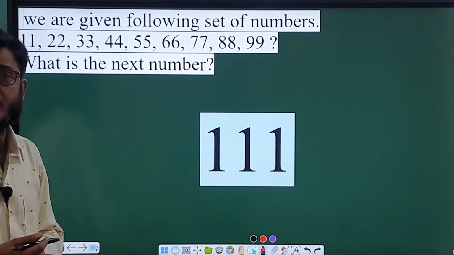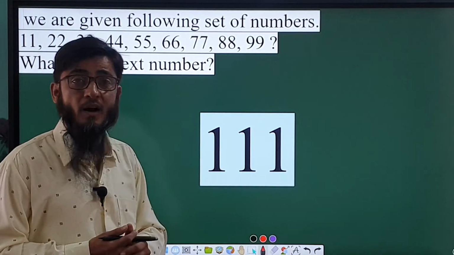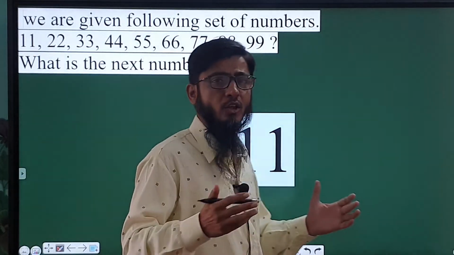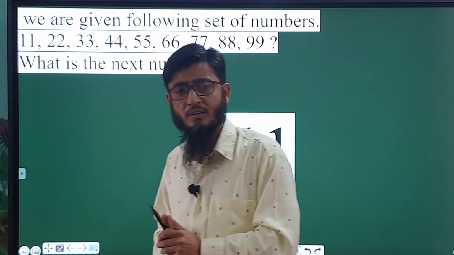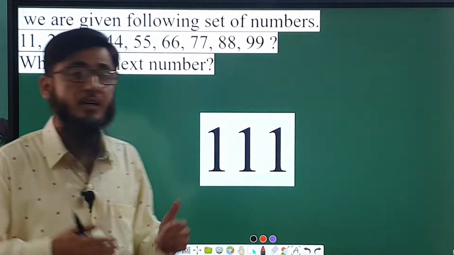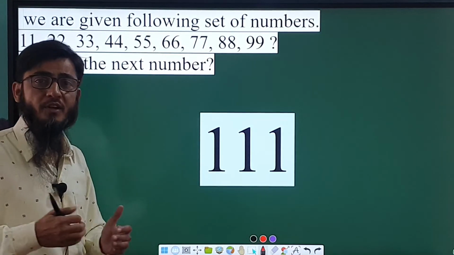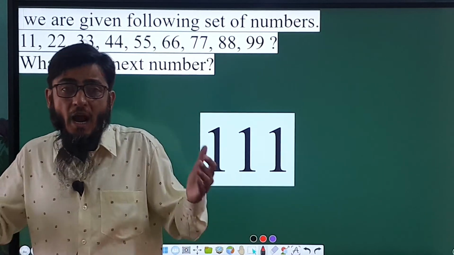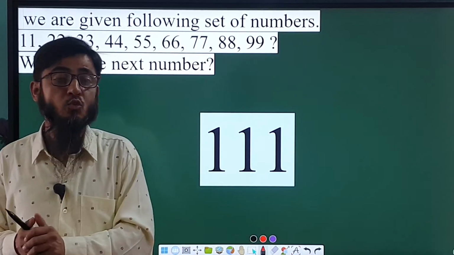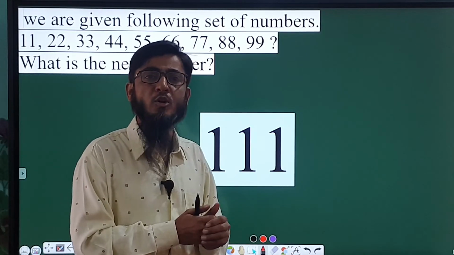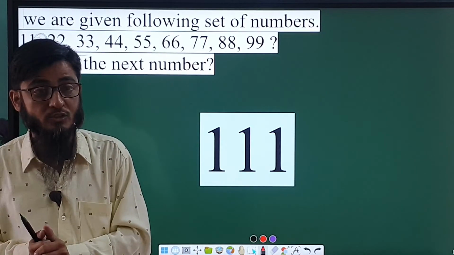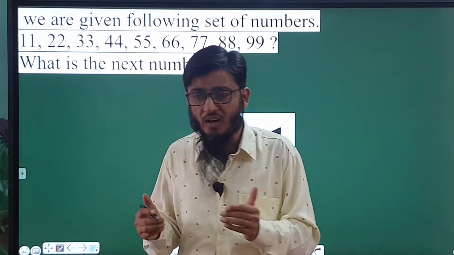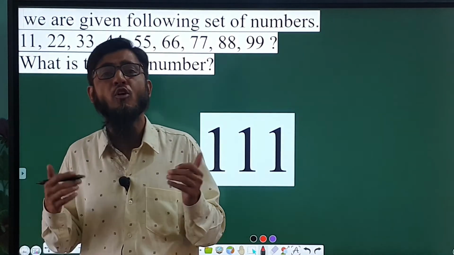So, the possible answer is 111, and this is what I am going to cover in this course of out of the box thinking, where we will cover the number systems, the geometry, the series and sequences, and basic addition and multiplication rules which are part of the curriculum of 8th, 9th and 10th class students' syllabus, but they are only trained and drilled to solve these problems using formulas.